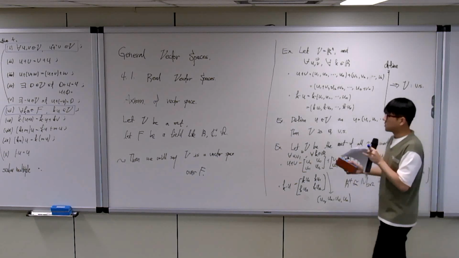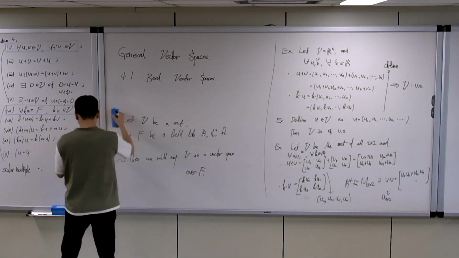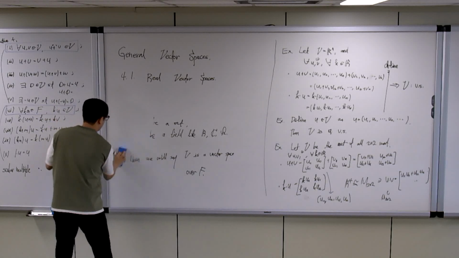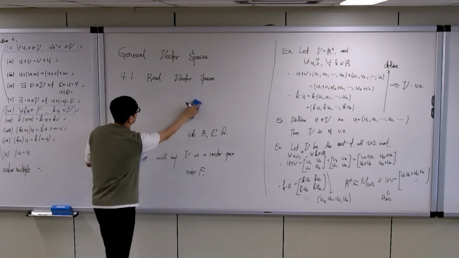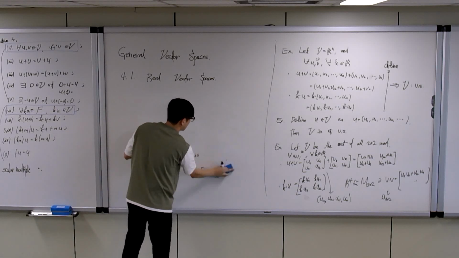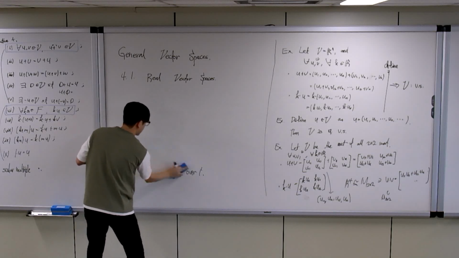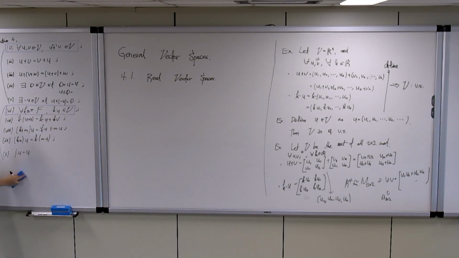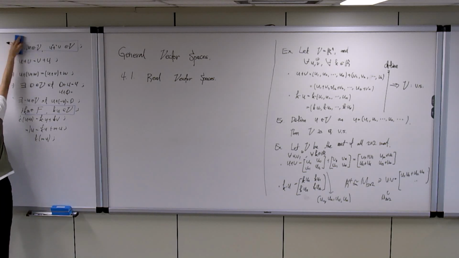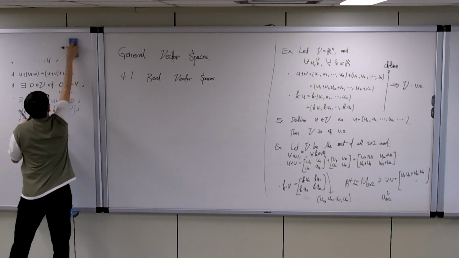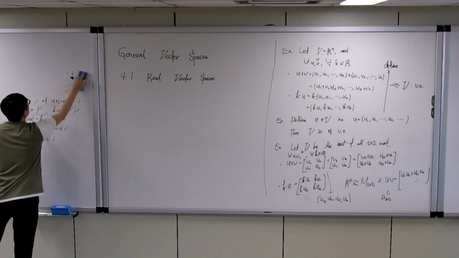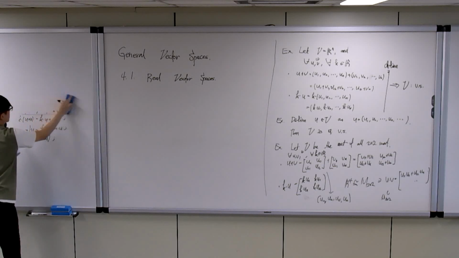And also, I will show another example for functions, because the set of functions is also a vector space. I will erase this page. So the axioms of a vector space mean it has an additive operation and a scalar multiplication operation.